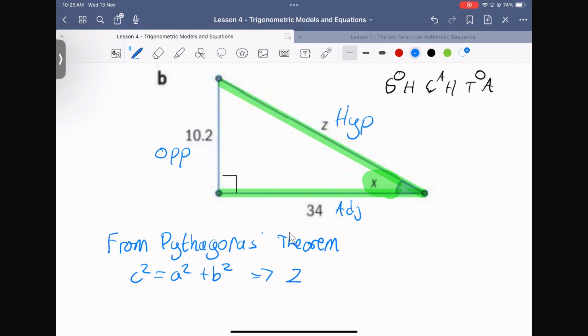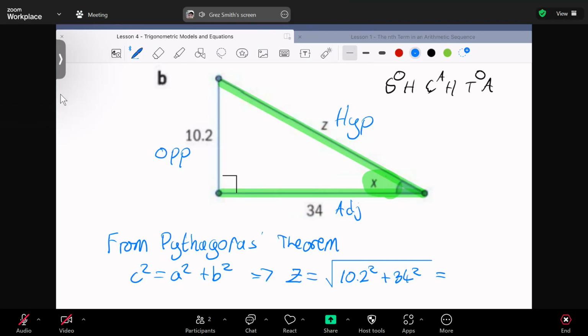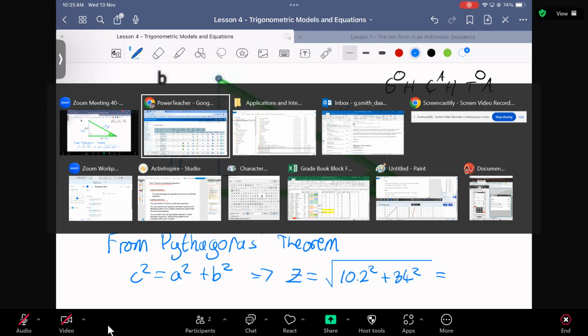So z is equal to the square root of 10.2 squared plus 34 squared. What does that give as our answer? Let me just do it on my calculator. Where's my calculator? There it is.